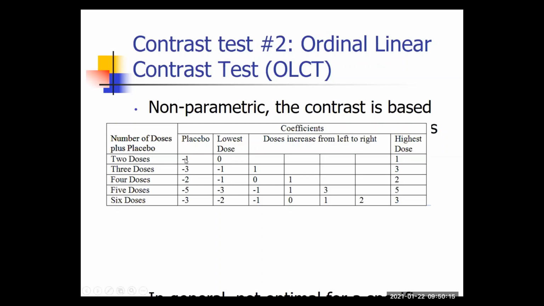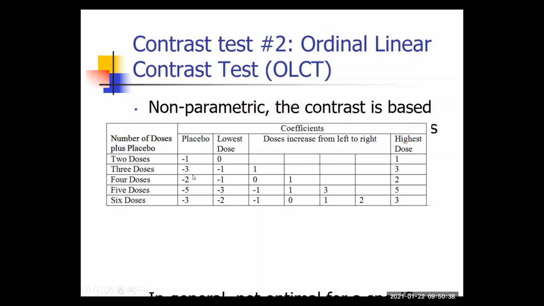All right. So for OLCT, if only 2 doses, the coefficient is very simple. Placebo and high dose. You don't have to give any weight to the low dose. You just want to do a POC. So that's very easy. -1 plus 0 plus 1, you get 0, right? So coefficients sum to be 0 and it's equal distance.